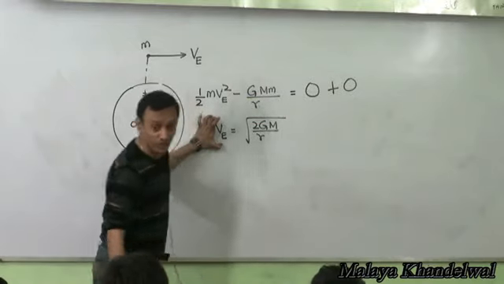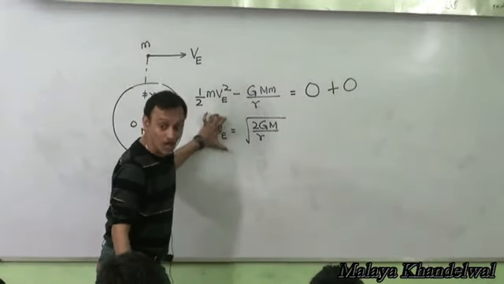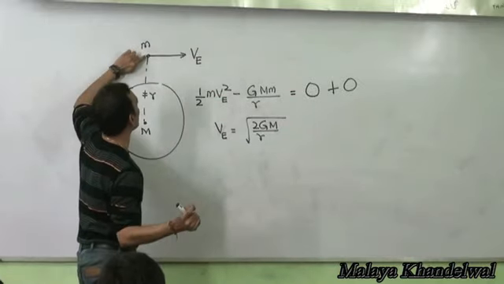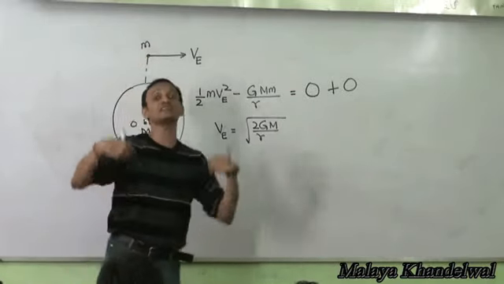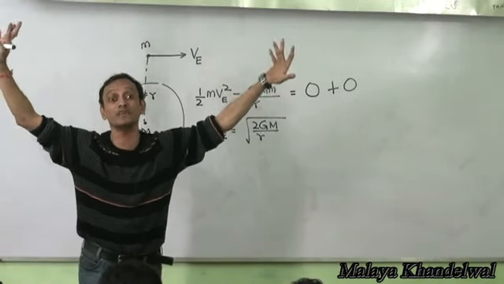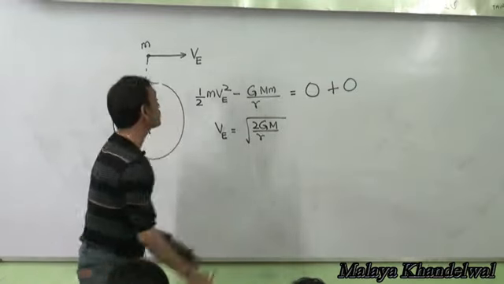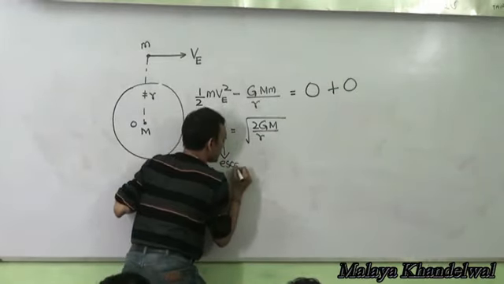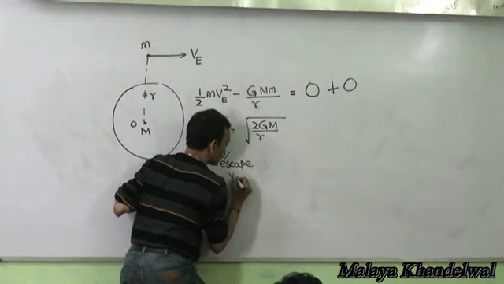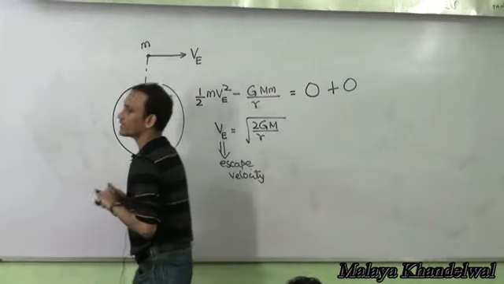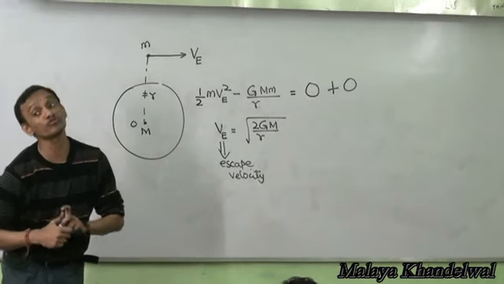So this is the minimum velocity that you must impart to a certain body at a distance small r from the center of the earth so that it's able to escape the gravitational field of the earth. This velocity is called the escape velocity.